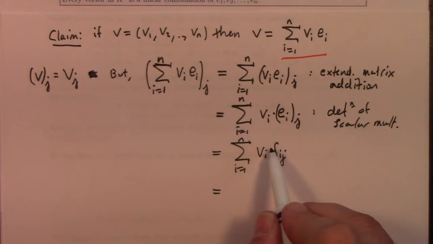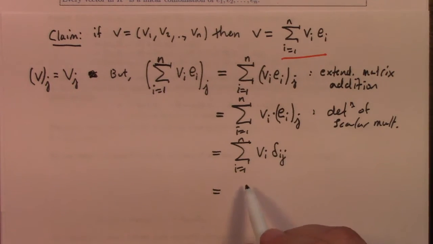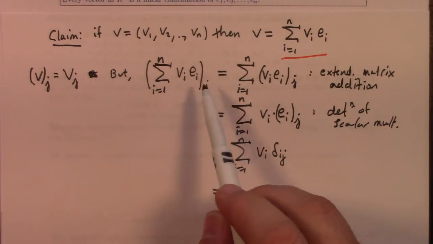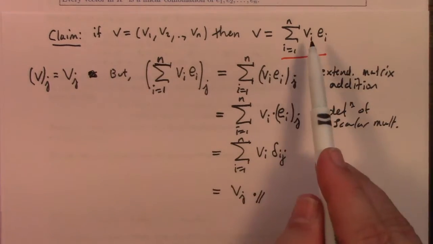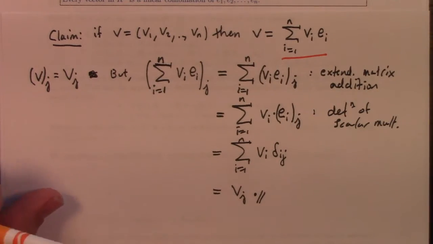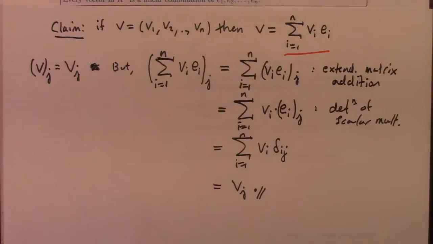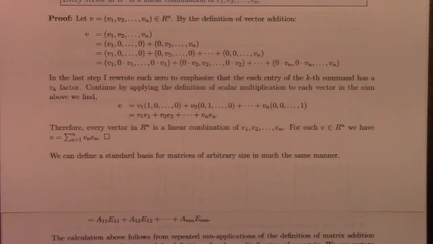In other words, the only thing that matters is when i is equal to j, so we get Vj. And there you go, that completes the proof, because we showed that the jth component of this equals the jth component of that, which shows you that they're equal. So I think that's maybe a cleaner and maybe even less awkward proof than the one I give in the notes. You can take it or leave it.